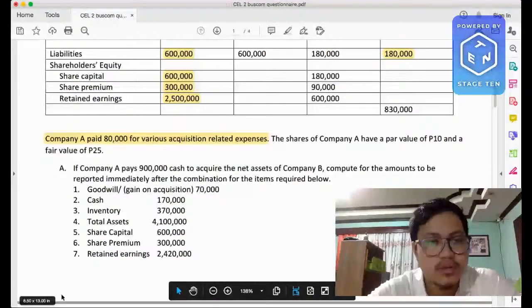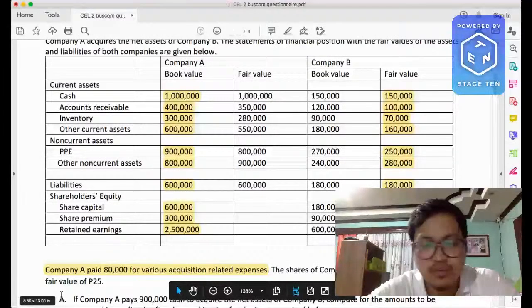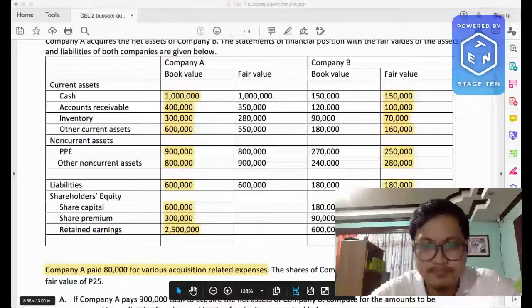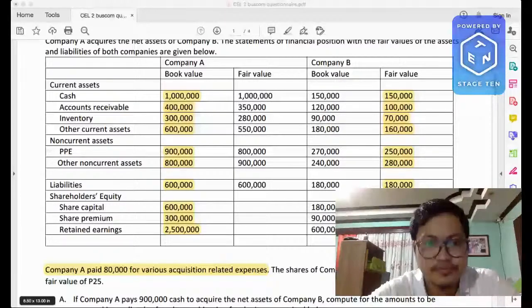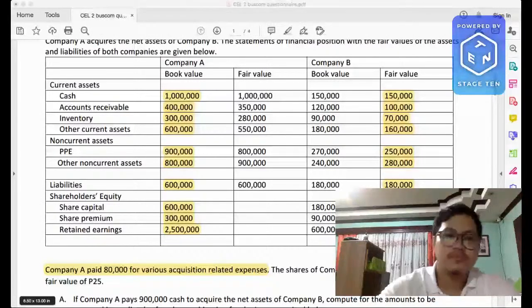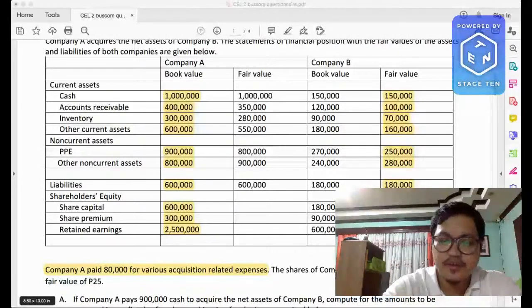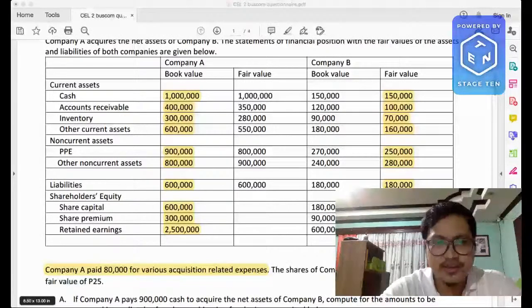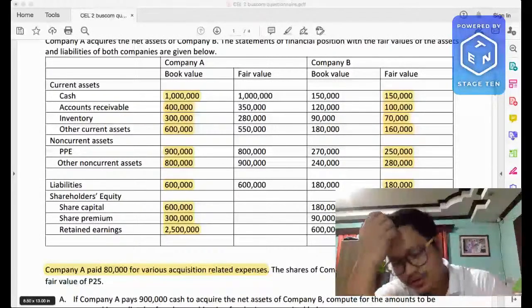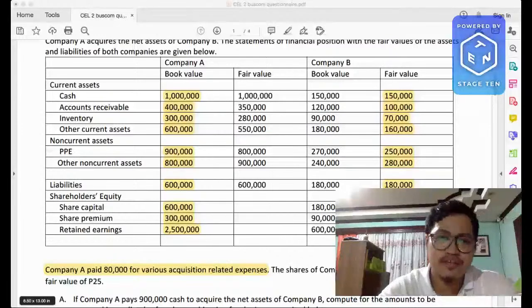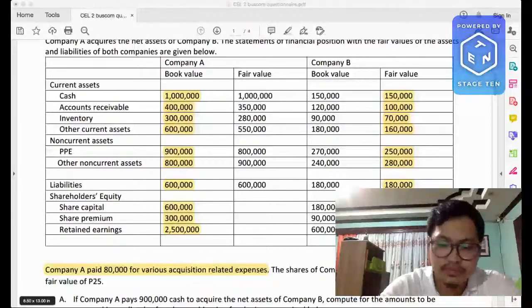Before the combination, class, share capital was 600,000, but what happened? Company A issued 32,000 shares. Okay, without focusing on the debit side, class, what do you think would be the credit to recognize the issuance of the shares? It definitely would involve credit to share capital and credit to share premium.